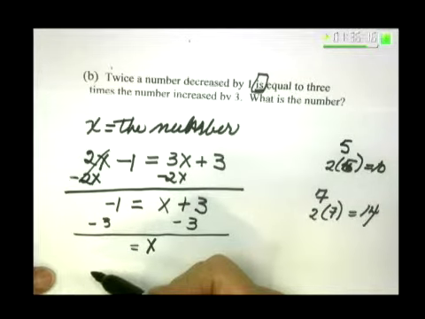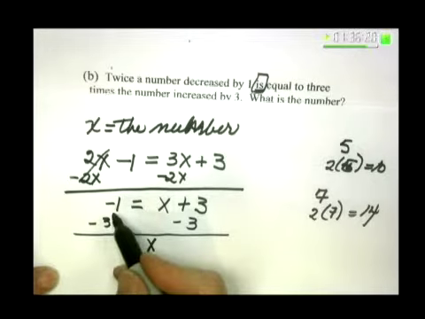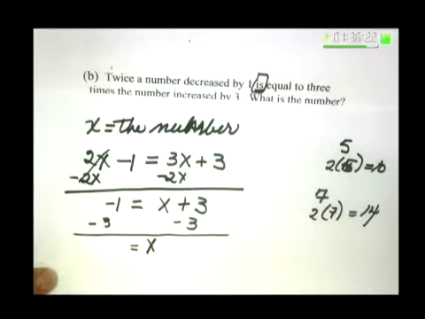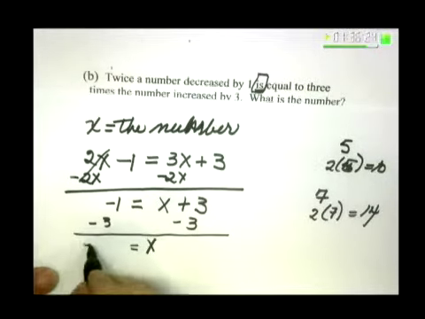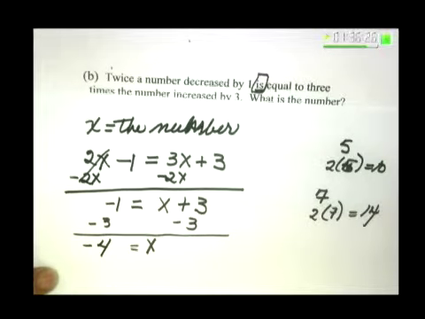And this, if nothing else, is what's going to give some of you trouble, the signed numbers. I have a negative 1 and another negative 3, so altogether I have a negative 4. So negative 4 is equal to x. If you had put your variables on the left side, you would have gotten x is equal to negative 4. Same problem, just using properties of equations to rewrite them.